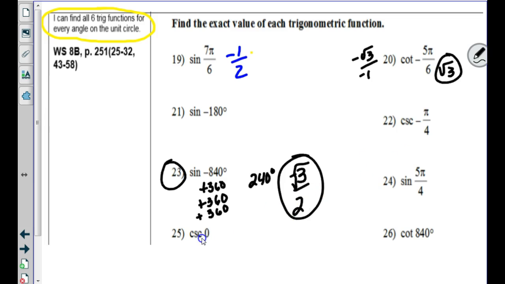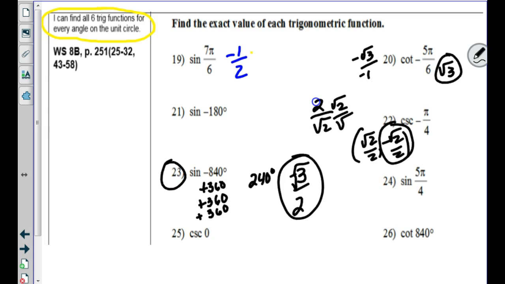How about like cosecant? What's the cosecant at negative pi over 4? The ordered pair at negative pi over 4 looks like this, right? Okay, what's the cosecant? It's the reciprocal of sine, which is this one, so you were almost right. When you flip that over, you do get root 2, because you do some of this fun.